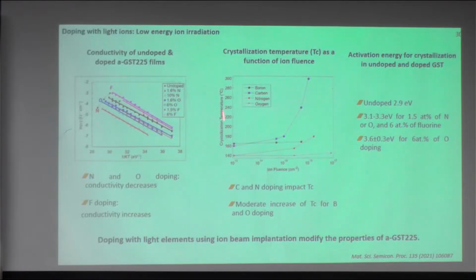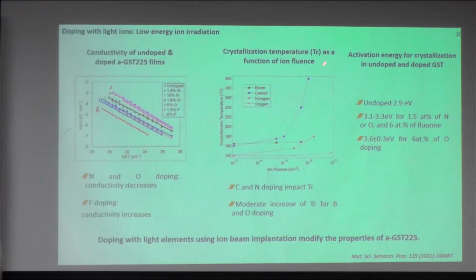This process also depends on ion fluence. For low ion fluence, there is no change in the crystallization temperature, and with increasing doping and fluence, the crystallization temperature of GST can be tuned and increased.